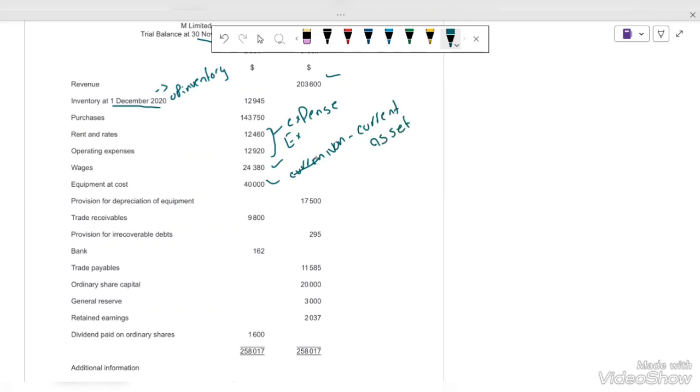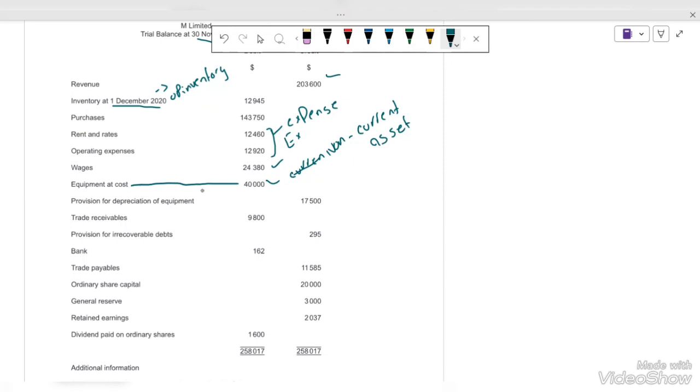Okay, so we can use this. It doesn't mean that if they didn't give you a balance sheet, there is no use of this equipment at cost. You will need this information when you calculate the depreciation in the income statement.